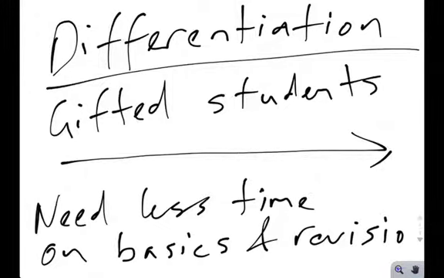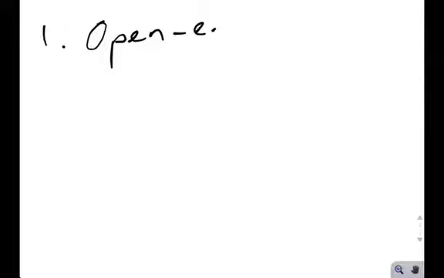Okay. Some things that have helped me in approaching differentiation is to include open-ended tasks. So that is a real core. Open-ended tasks really make a difference. And you often explore this in the course. Myself or Anne will often leave you different ways or a very open task that you can approach how you like.